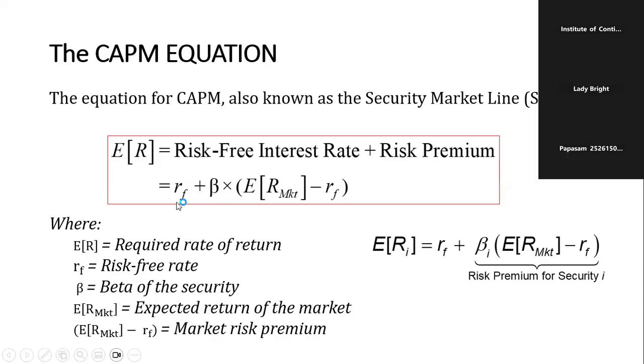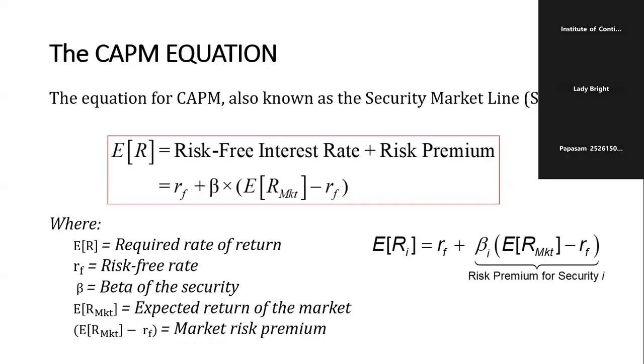Risk-free is the basic rate, an investment that carries minimal risk. We don't expect it to have any risk. That is risk-free. Plus beta, the risk attached to the stock you are holding, times the expected return on the market minus risk-free.